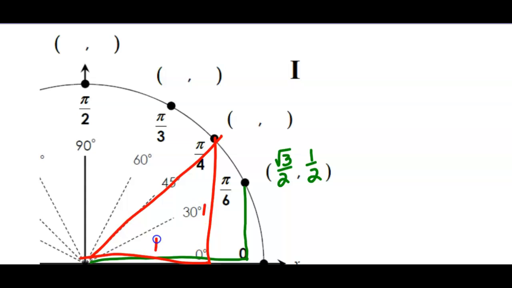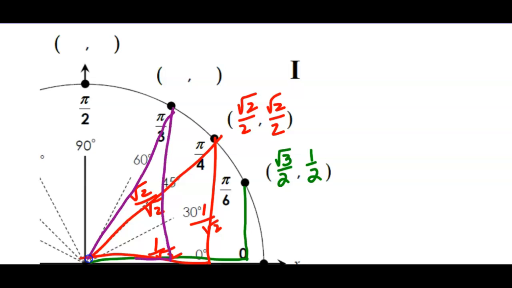Normally we do 1, 1 and square root of 2, but because we want the radius to be 1, it becomes this. So 1 over the square root of 2 is square root of 2 over 2, square root of 2 over 2. If you can memorize these 4 numbers right here, you have most of the unit circle done.